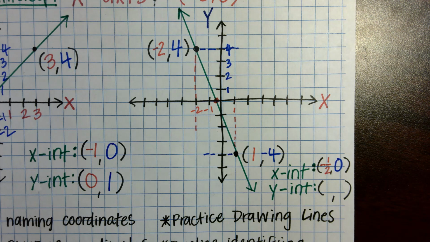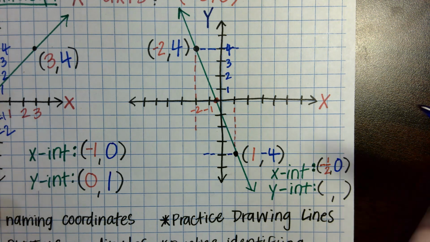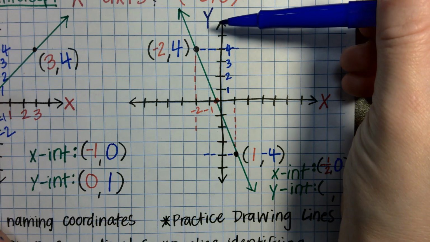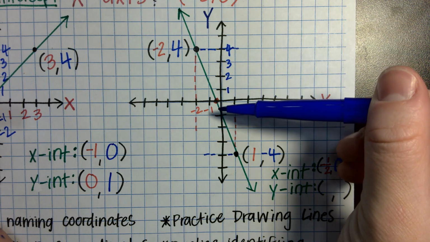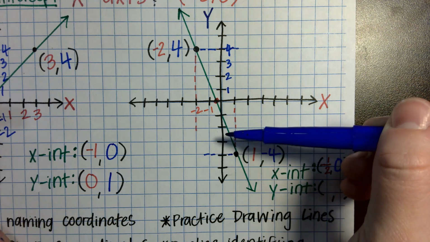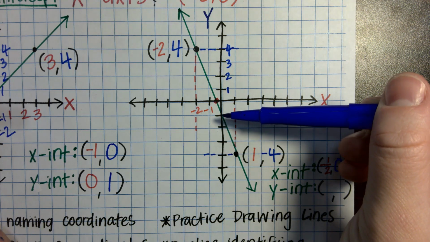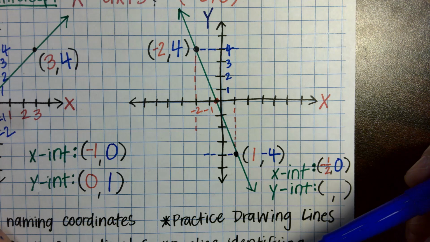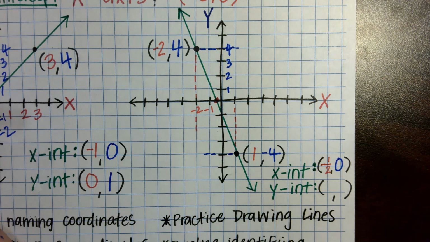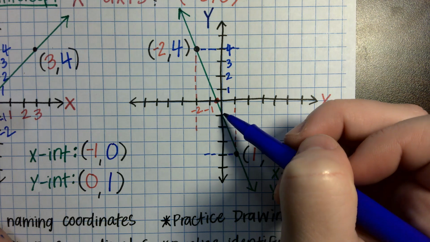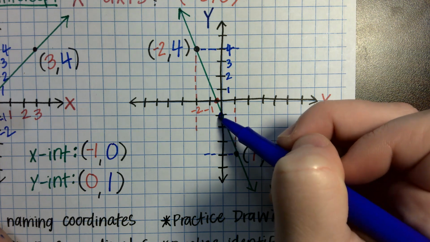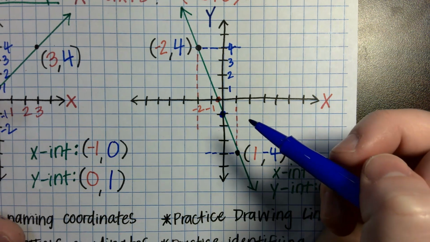Okay, now let's look at our y-intercept. I'm going to have you trace your finger or your marker, your pen, pencil, up and down on the y-axis, and let's figure out where the line is touching it. Where? Yeah, right about here at -1. You guys see that? Awesome.